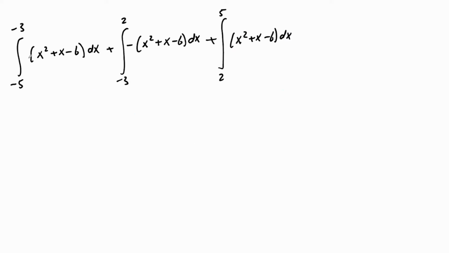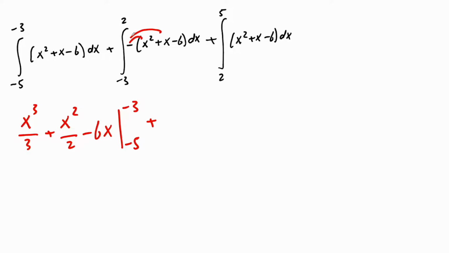Now we still have an integral, so let's do it. It's going to be x raised to 3 divided by 3. So I take 2, add 1, get 3, divide by 3. Plus x squared divided by 2 minus 6x. And it's bounded from -5 to -3. Plus this one now too. Here we have to distribute the negative to all three pieces.